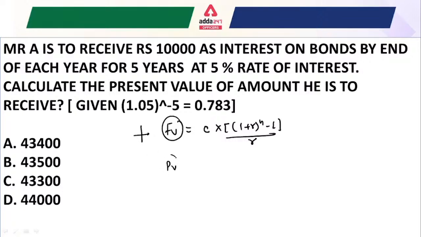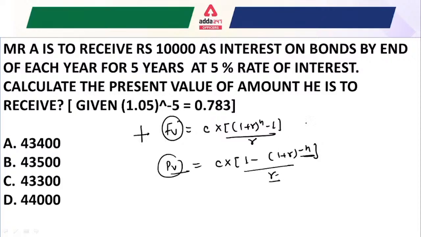And the present value is just the opposite of this. Whatever components we have written with a positive figure, just write the negative with that. Here the 1 is negative, so keep it positive, and 1 plus r to the power minus n. For calculating the present value, we use the term minus n. Why?